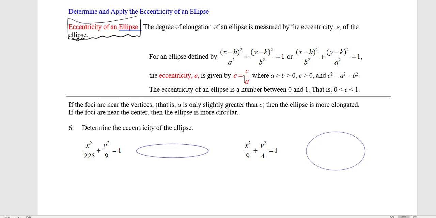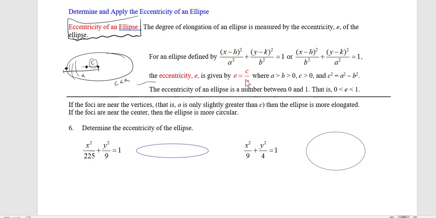If your focus is out here, that's a distance C back to the center. Well, the distance out to your vertex, that's a distance A. And since this C value is always to this focus that's always inside of the ellipse, it's never out here, that tells us C is always less than A.